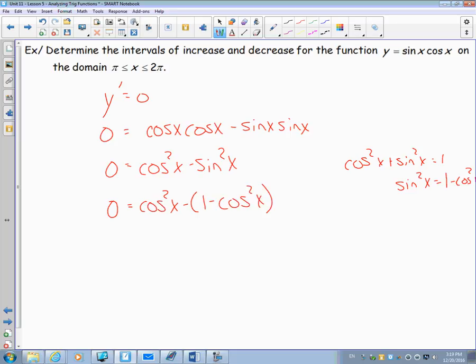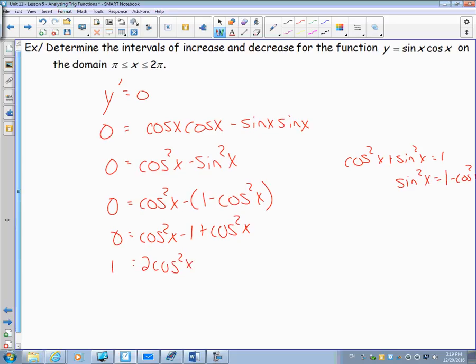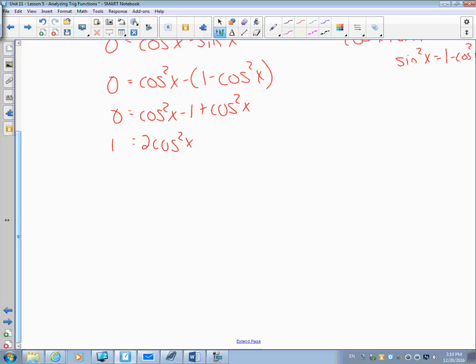Why would that be handy? Well, if we get rid of our brackets, we're going to end up with a 1 over here and 2 cos squared over here. Or in other words, if we simplify this, divide both sides by 2, we'll get 1/2 equals cos squared. And if we square root both sides, we end up with 1 over root 2 equals cos x. Now remember, when you square root things, you end up with a positive and a negative root.